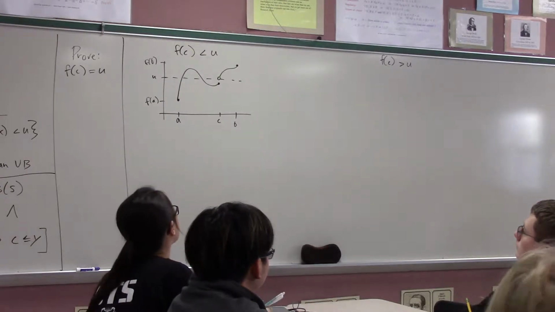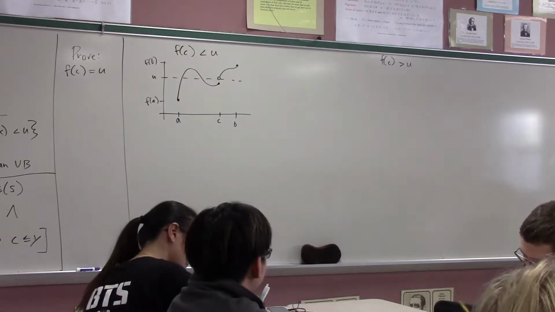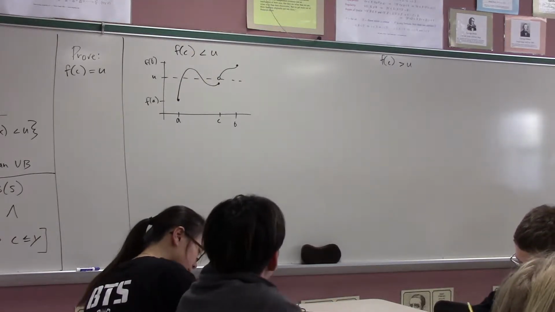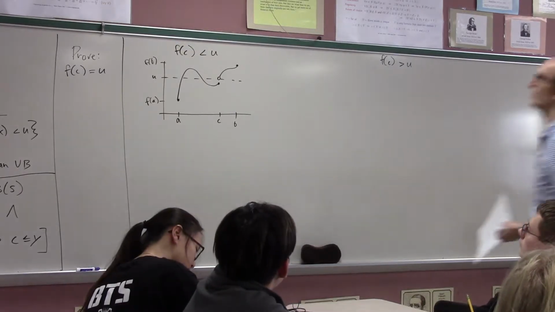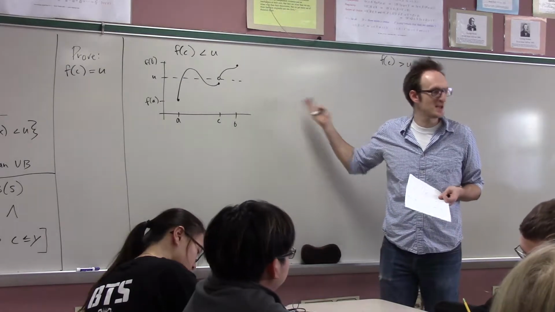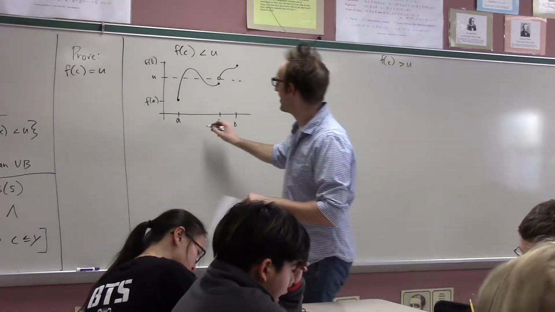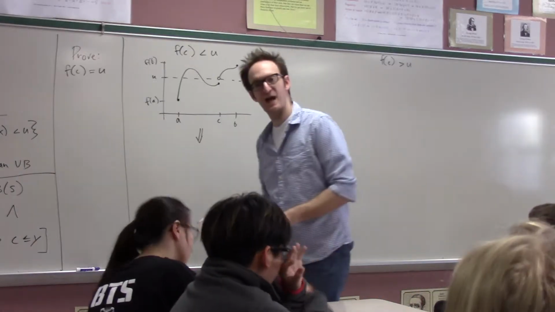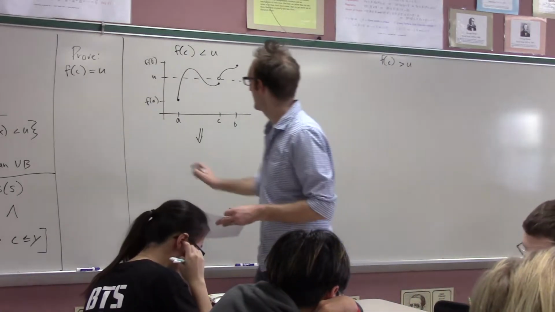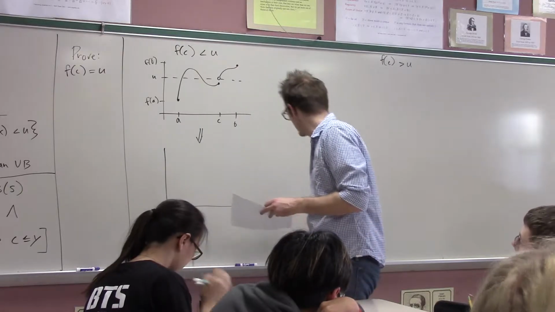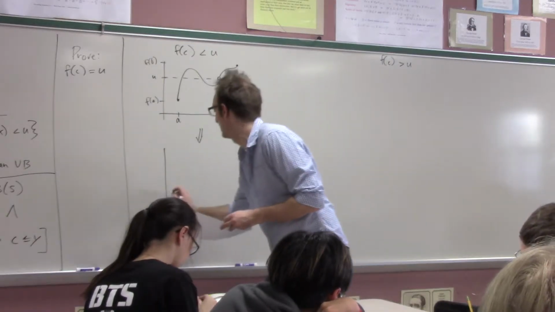That to me is a picture of what it would mean if f of C landed less than u. But of course, this picture is impossible because the function is continuous. Okay, so if I install a kind of continuity patch to this function, then what does that do?